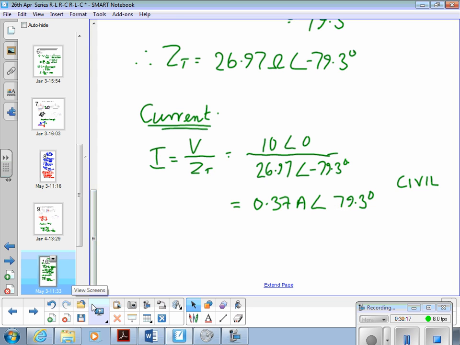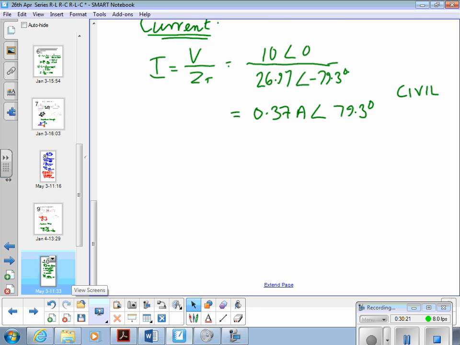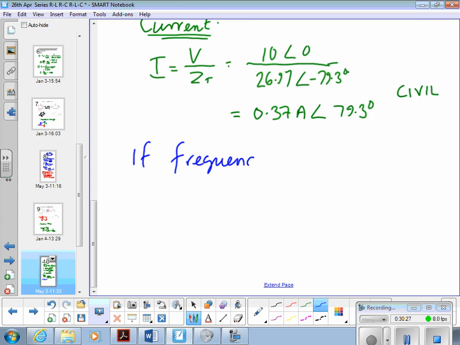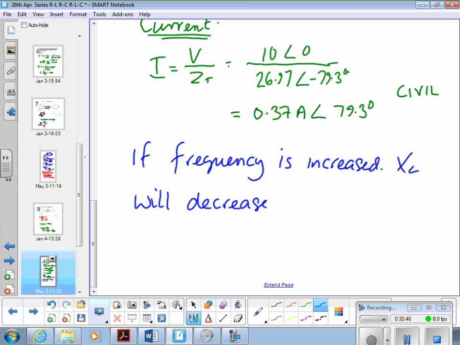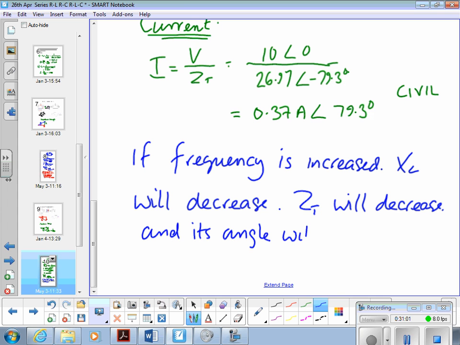So I'll put a statement like we did for the other one. If frequency is increased, XC will decrease, ZT will decrease and its angle will decrease.